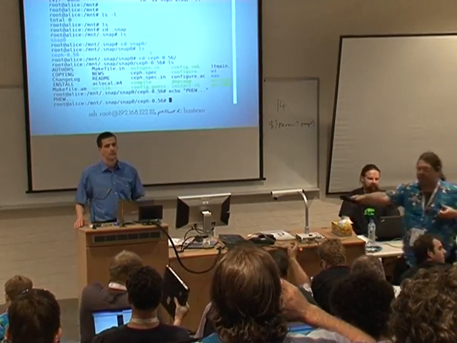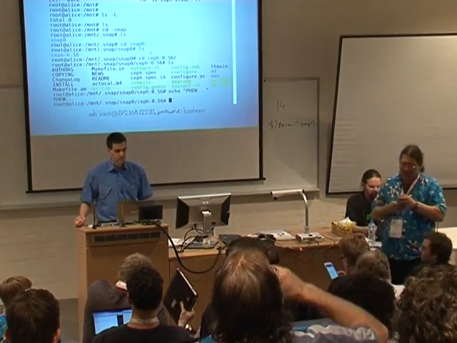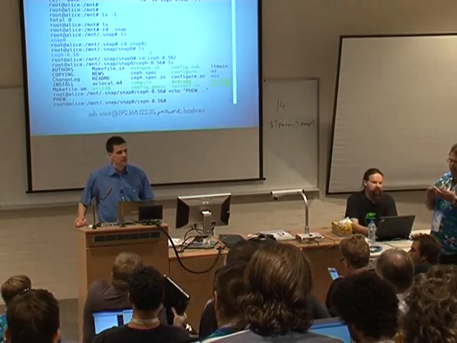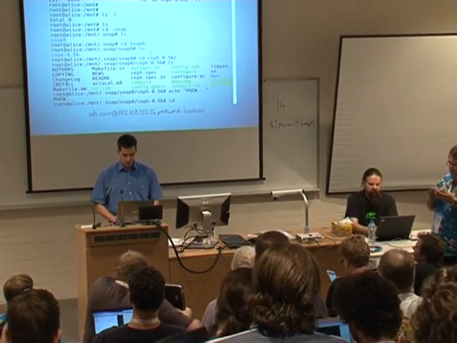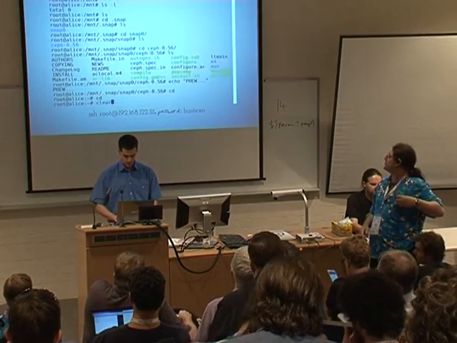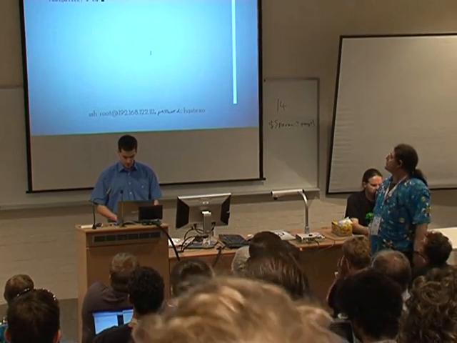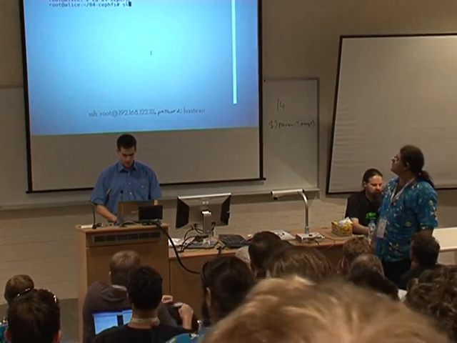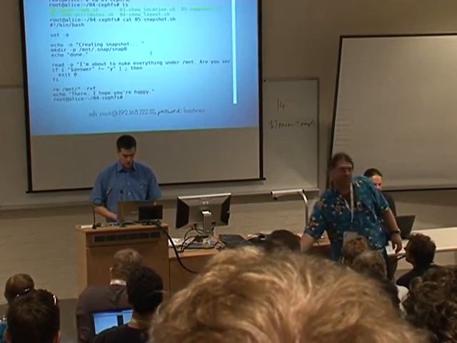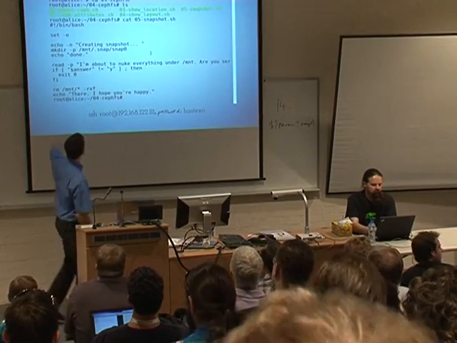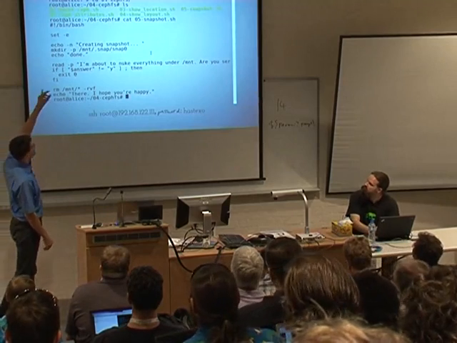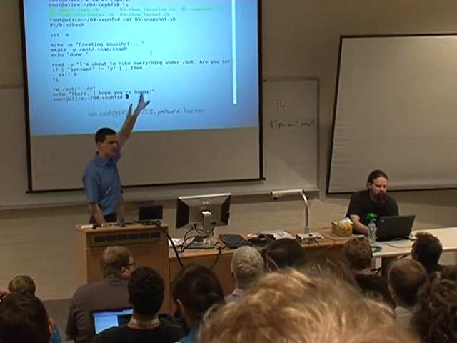Okay, one down front there, one up there, and over here. Simple one. When did you do the snapshot? So this is what we did. We're creating a magic directory. We just do a mkdir on mnt/snap, and that's the name of the snapshot, and that's it.